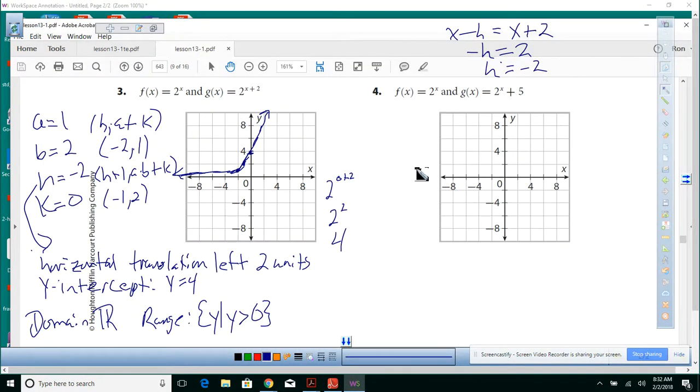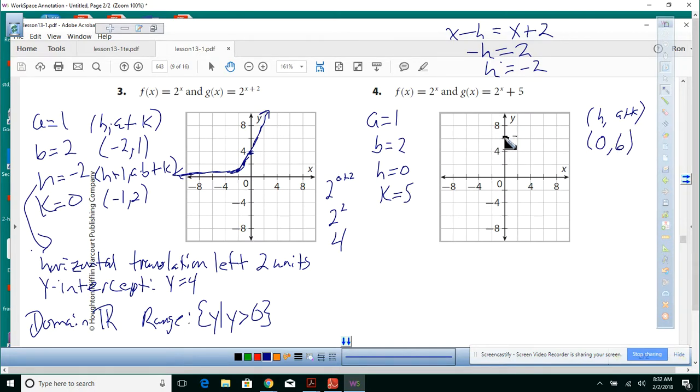All right, so number 4, what do we got here? So a is 1, b is 2, h is 0, and k is 5. So let's do our first one, h and a plus k. So h is 0, so we got 0, and 1 plus 5 is 6.